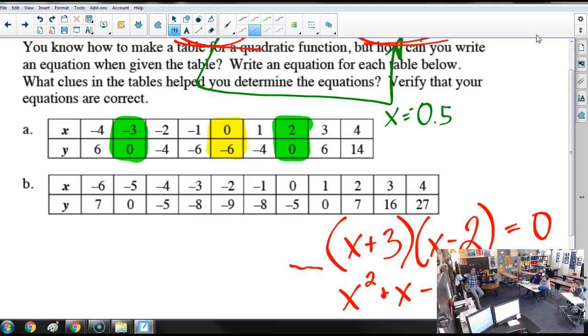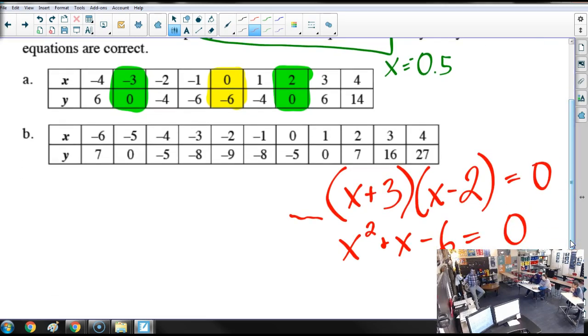What about 1, negative 4? So 1 squared, plus 1, minus 2, that works. This is our equation, because it works for the other points. So this is really just a 1, which doesn't matter, so this is our equation.